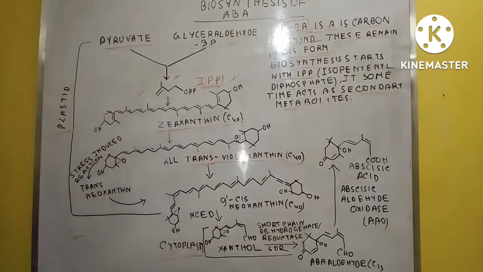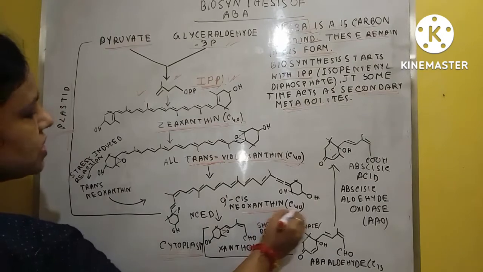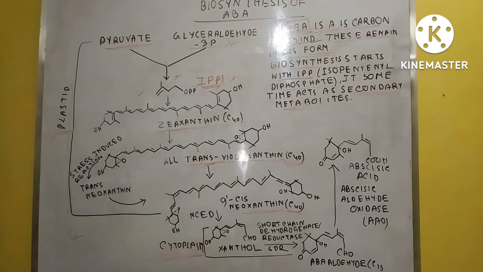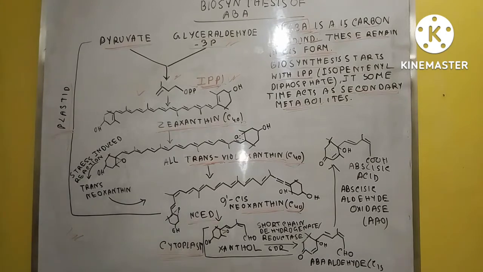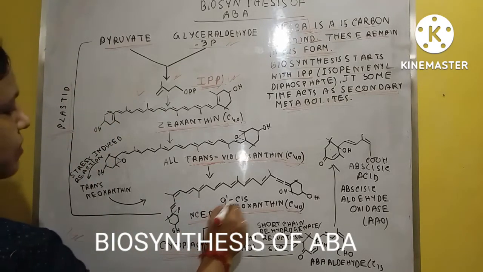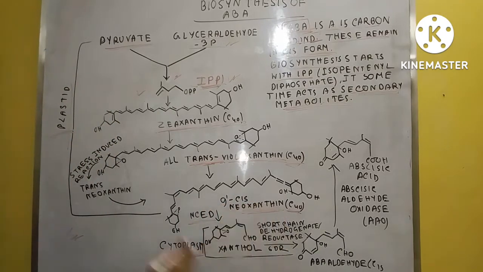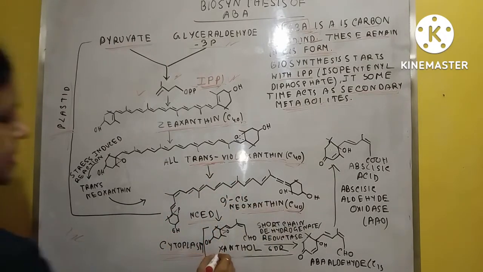This trans-violaxanthin converts to form 9'-cis neoxanthin, that is also C40. And here another enzyme, NCED, is one of the important enzymes that helps to form xanthoxal from the 9'-cis neoxanthin. It converts 9'-cis neoxanthin to xanthoxal.